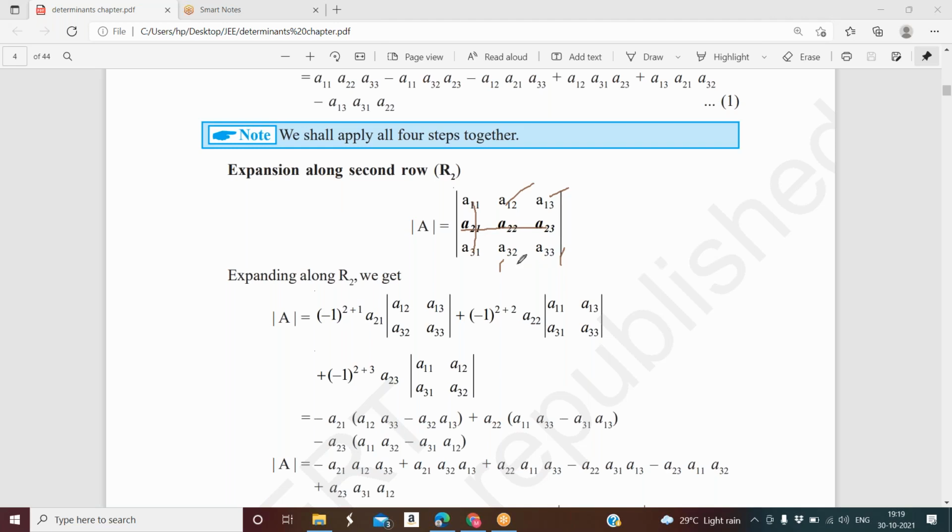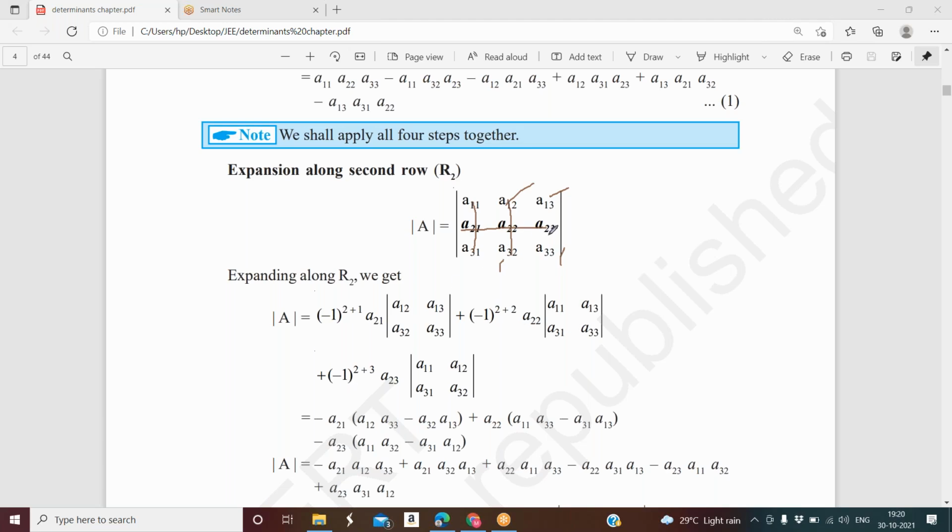Next element is A22. So plus minus 1 power A22, so we have to add 2 and 2. So 2 plus 2. To delete the row and the column, the corner elements A11, A13, A31, A33 remain. So determinant A11, A13, A31, A33.